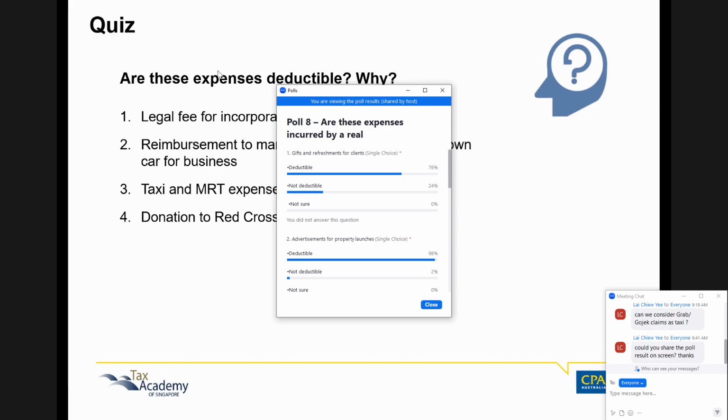Then the last question is about course fees for staff to attend external courses. Most of you responded deductible, some 20% said not deductible, others said not sure.